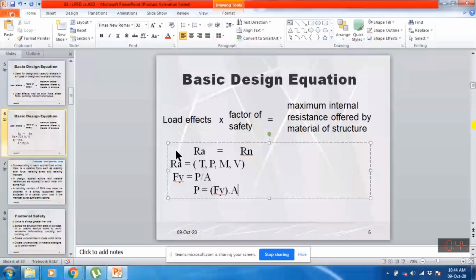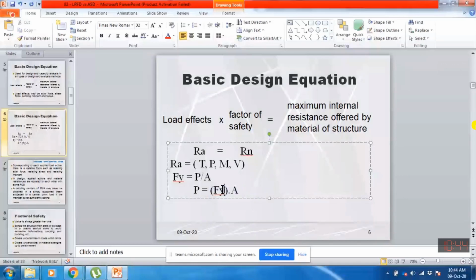What is P? P is the RA. RA means this P is the applied load effect, and this is being resisted by shape of a material. Shape of a particular material. What material? Steel, whose shape is a certain shape.